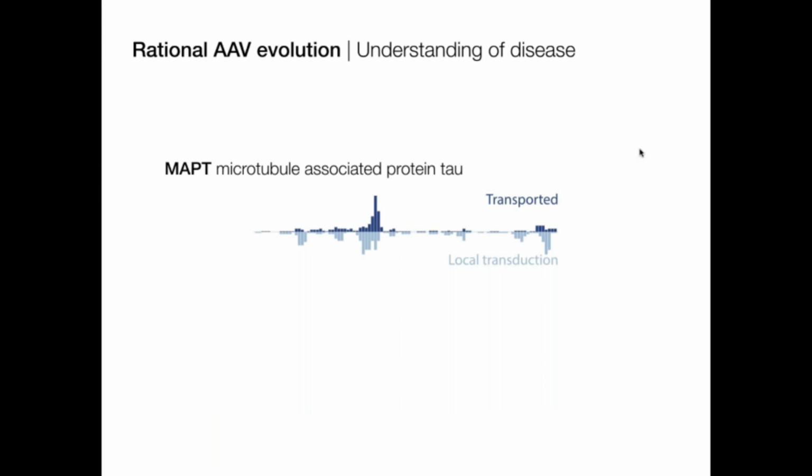And so, for example, we can start understanding how proteins work. One example is microtubule associated protein tau that has an area of a microtubule binding domain.